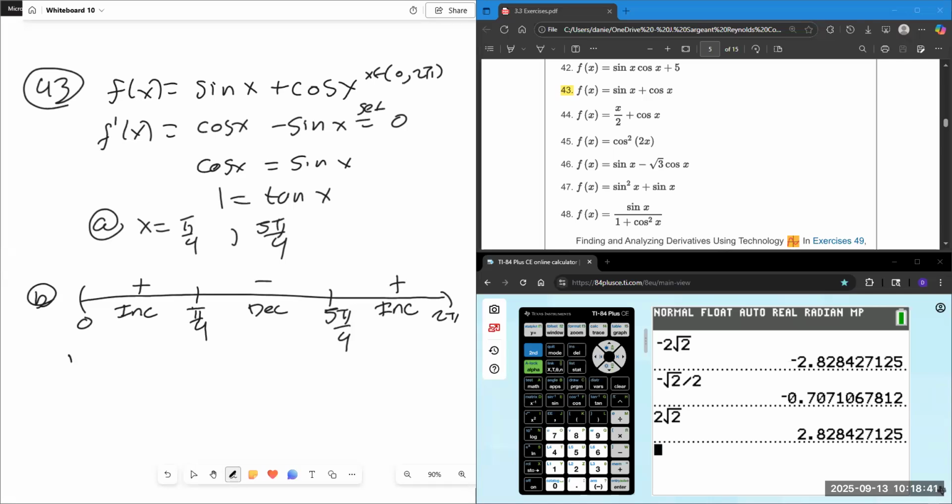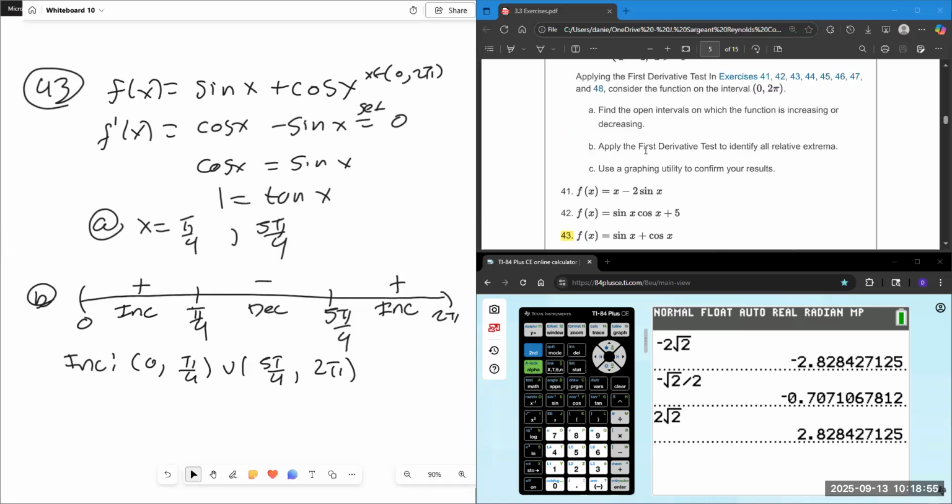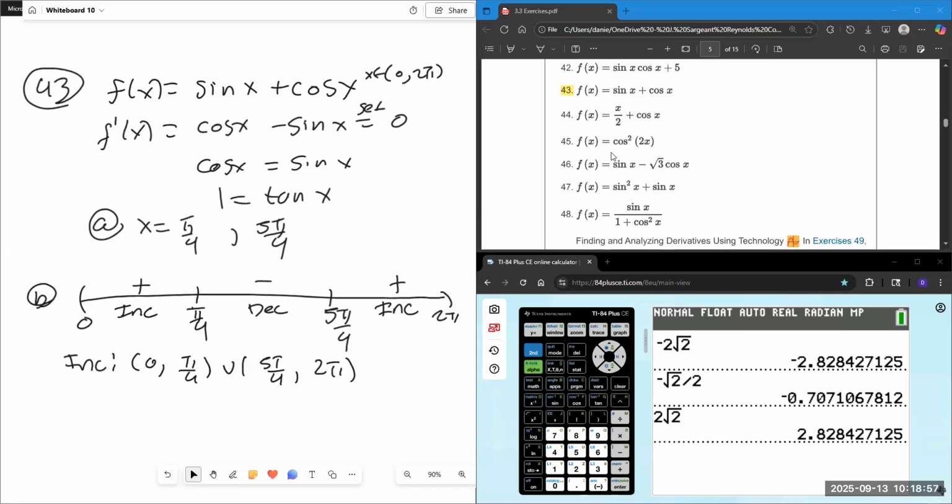And so we're increasing from 0 to pi over 4, union 5 pi over 4 to 2 pi. I need to take a quick look and see if they included the endpoints on this or not. They did not. So, and then decreasing on pi over 4 to 5 pi over 4.